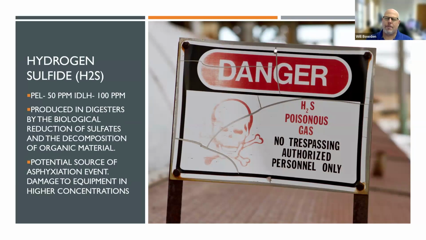H2S is also present in various concentrations in the inlet wastewater coming into the plant. Again, it is another source of asphyxiation. And again, H2S in combination with moisture can create sulfuric acid, which can cause damage to equipment in higher concentrations.